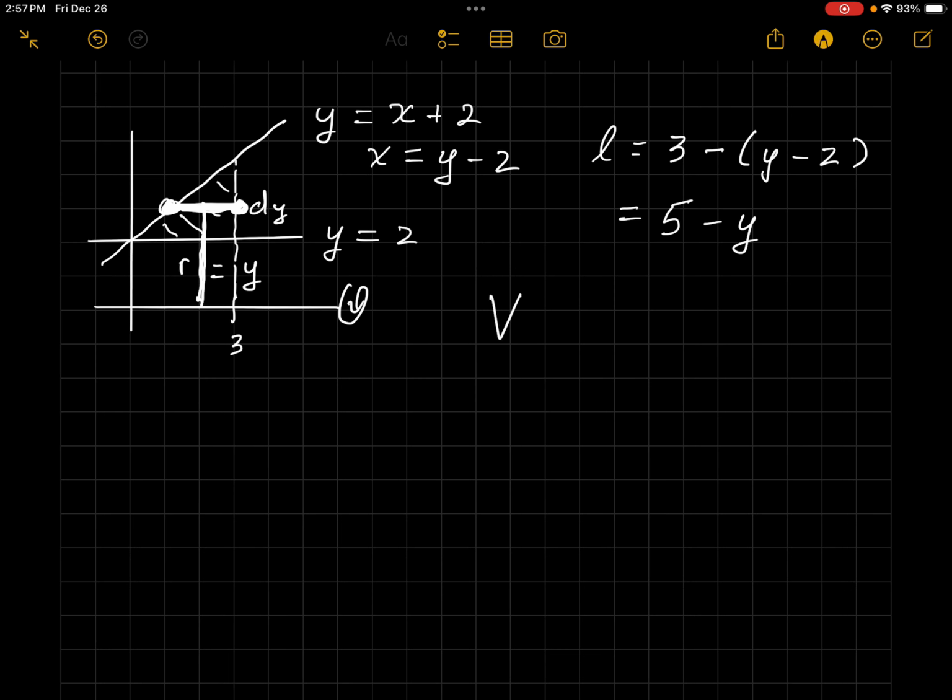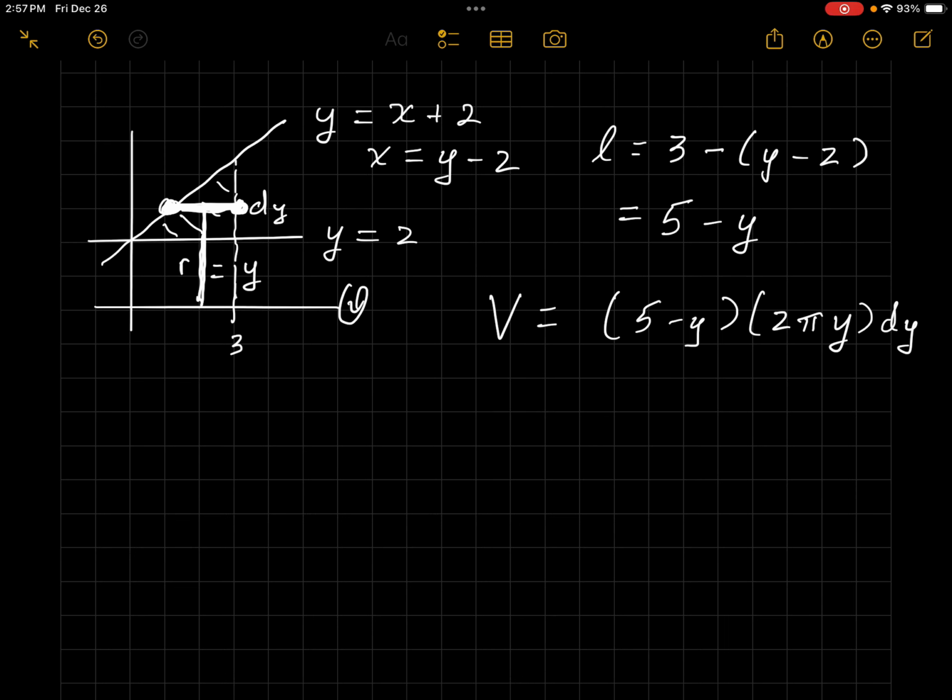So now the volume of one of these cylindrical shells is going to be length times height, if you would, 2 pi y, times the tiny width of dy.